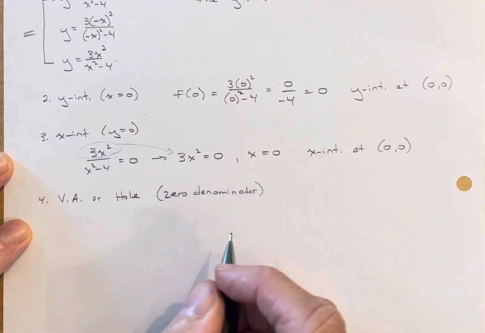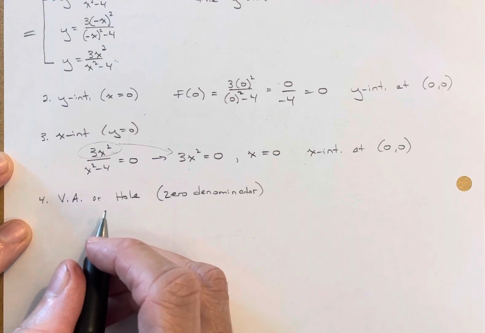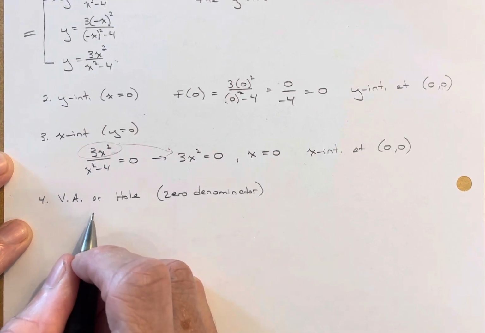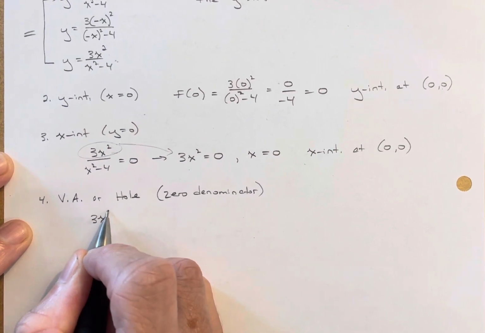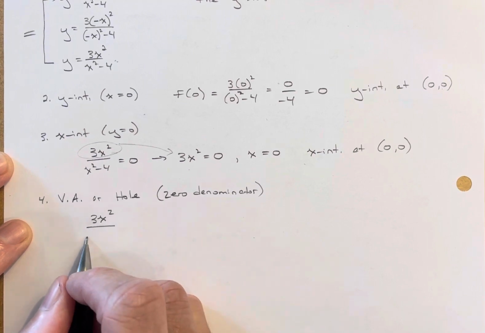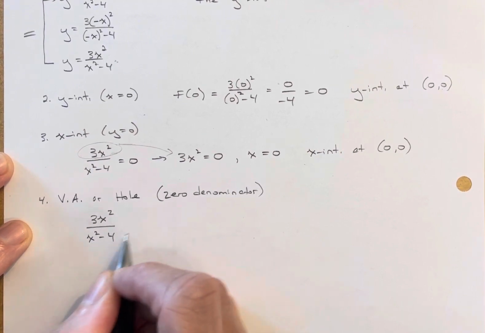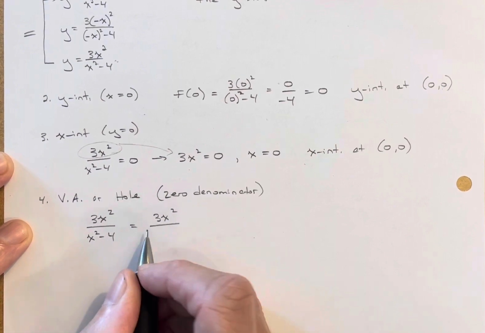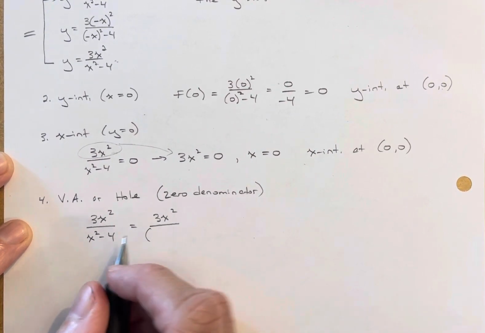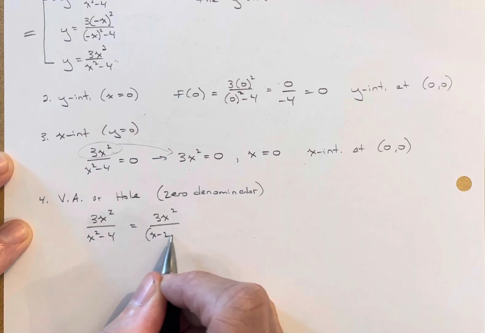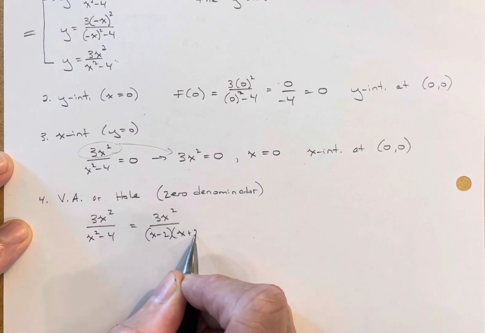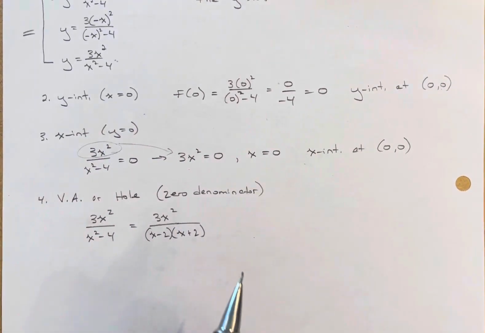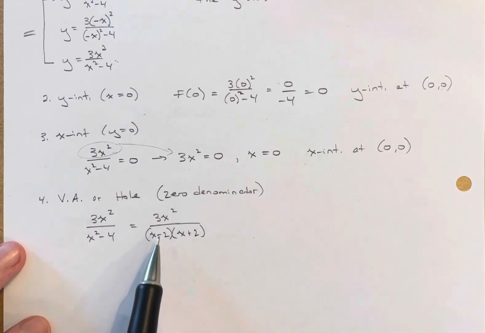When is my denominator 0? Well, let's take a look. I have 3x squared divided by x squared minus 4. That's the same as 3x squared divided by, this is a difference of squares, so x minus 2 times x plus 2. And you can see there's no common factor.